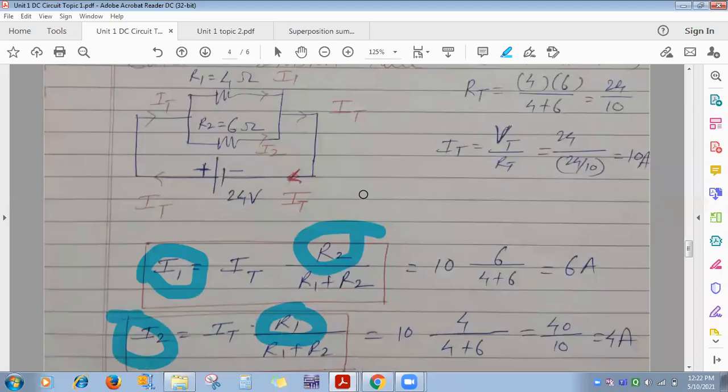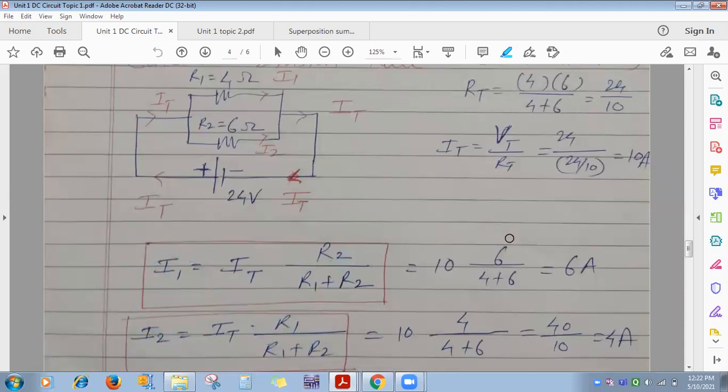It depends on the numerical: sometimes it is easy to solve with Kirchhoff, sometimes superposition, sometimes Thevenin, sometimes Norton's. Whatever is easy you can apply when you do the analysis, but in the exam you don't have any choice. Whatever method they mention, only that you have to use.